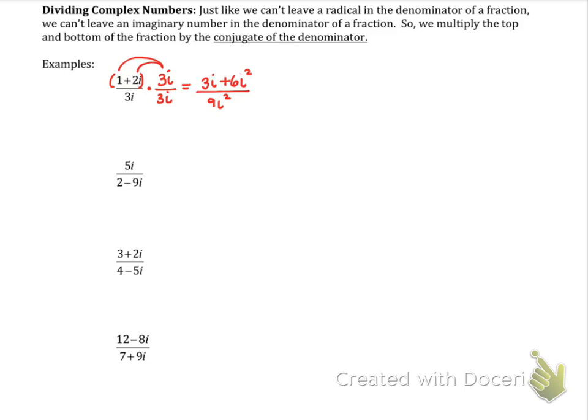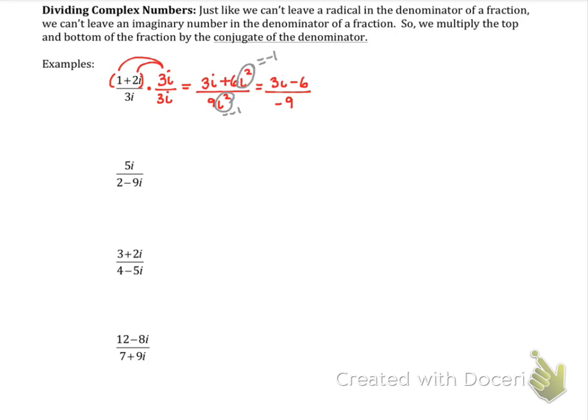So this simplifies into 3i minus 6. Well, i squared equals negative 1. And then on the denominator, I'm going to get negative 9, because i squared equals negative 1.